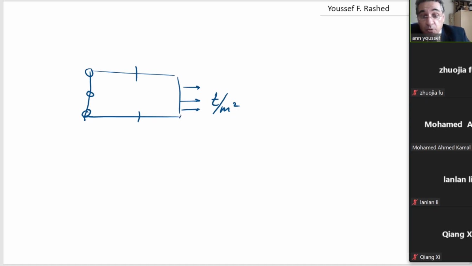Why meter square? Because it is the total force. We have to multiply by the value of this line, times the one inside the screen. So if this one is 1 meter and this one is 1 meter, the total force here is 1 ton per meter square times 1 meter length times another meter inside the screen, so you get 1 ton.